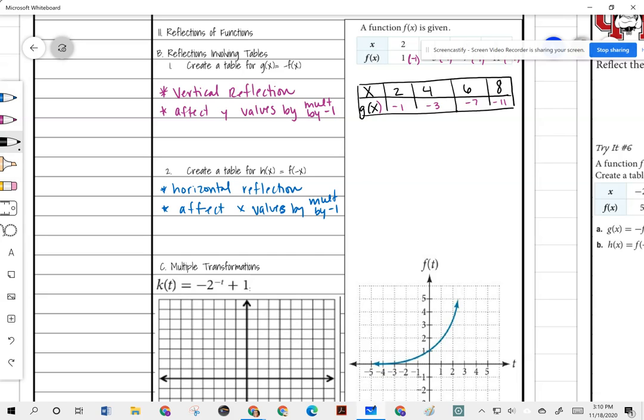So let's make our table. This is going to be our h of x. It's going to be our new x values.